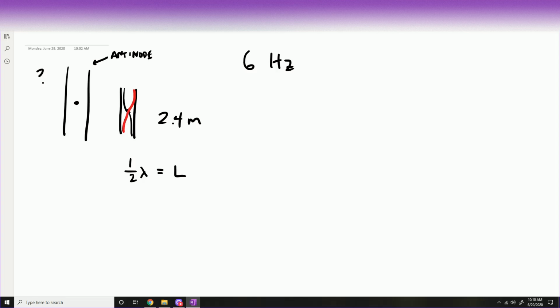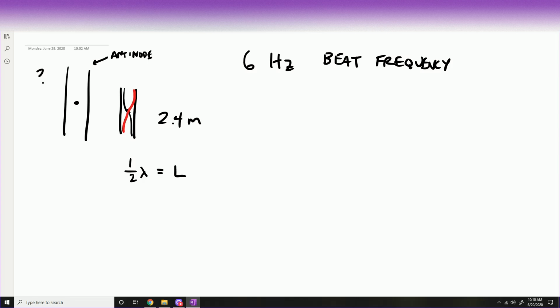So we know that the beat frequency is 6 hertz. A beat is when you're listening to two frequencies played at the same time, you hear kind of like a wah wah wah wah wah, and the frequency of that is the beat frequency.